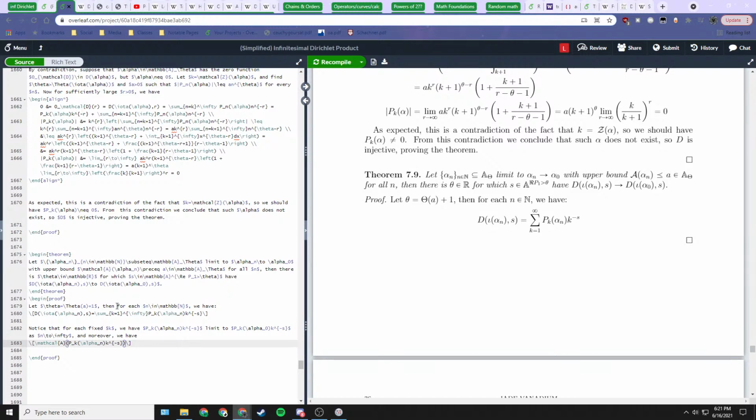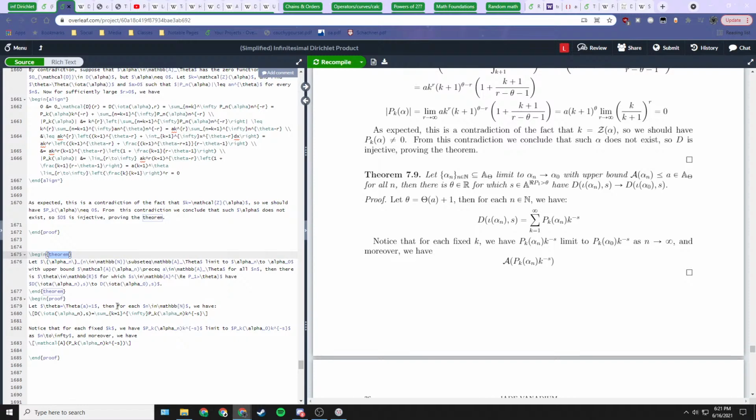Actually, oh gosh, because we're doing s not necessarily on the complex plane.